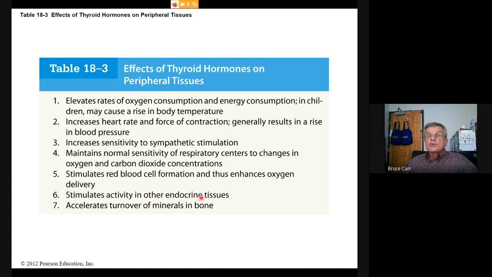Activity of other endocrine tissues is stimulated by increases in T3 and T4. And finally, it accelerates the turnover of minerals in bone. So bone reformation, bone turnover is enhanced.